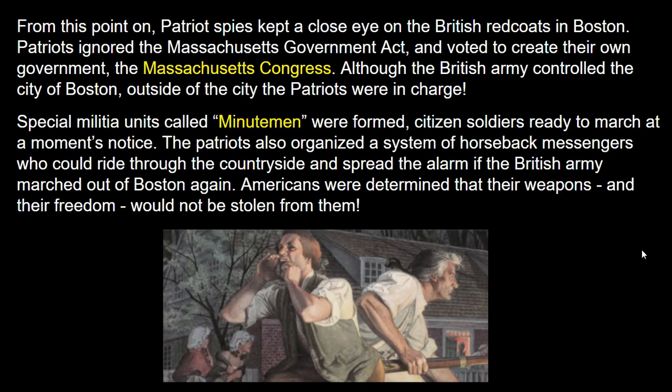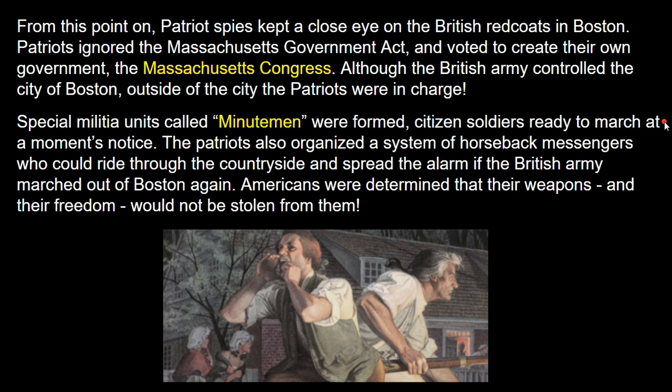Next slide. From this point on, Patriot spies kept a close eye on the British redcoats in Boston. Patriots ignored the Massachusetts Government Act and voted to create their own government, the Massachusetts Congress. Although the British Army controlled the city of Boston, outside of the city, the Patriots were in charge.